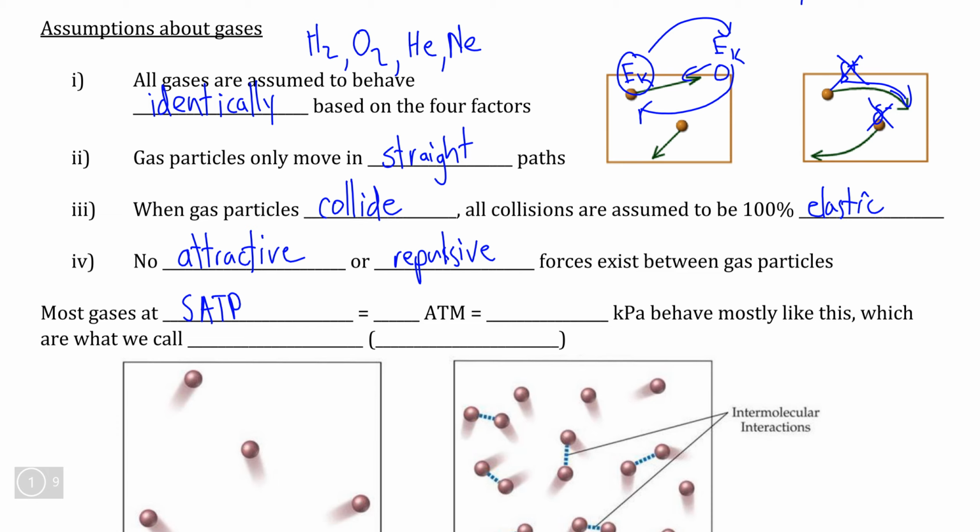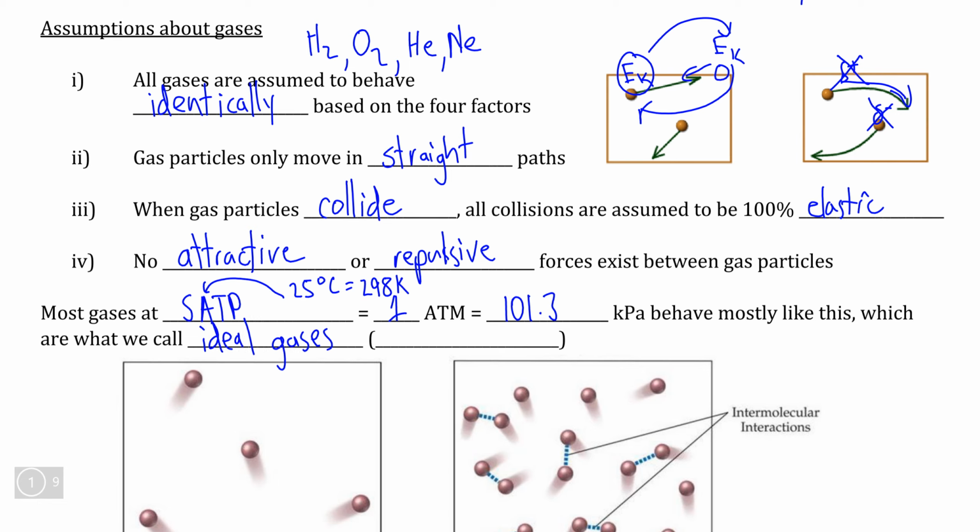Atmospheric pressure is what we label as 1 atm, or 101.3 kilopascals, and atmospheric temperature is what we consider 25 degrees Celsius, or if you convert to the Kelvin scale, 298 Kelvin. At these conditions, most gases behave like what we call ideal gases, which are gases that follow these four requirements.